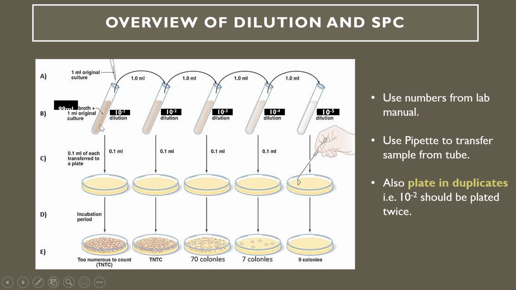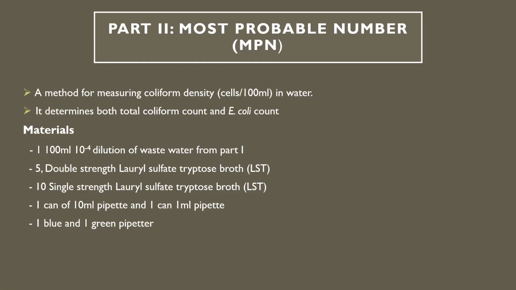So it's going to give you a dilution, and then you take 1 ml from there and you add that to another tube. You take 1 ml into there and it just keeps diluting it. So this is going to be 1 ml into 9 milliliters to give you a 10 to the negative 1 dilution.